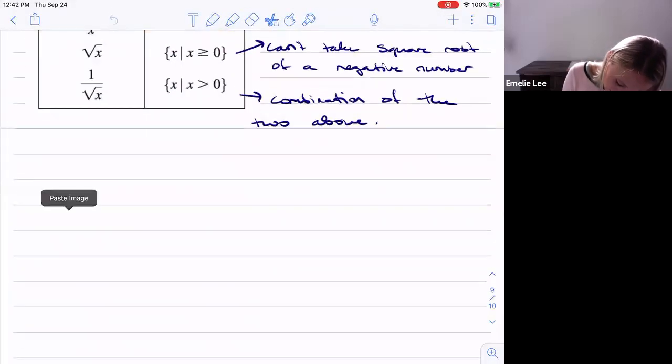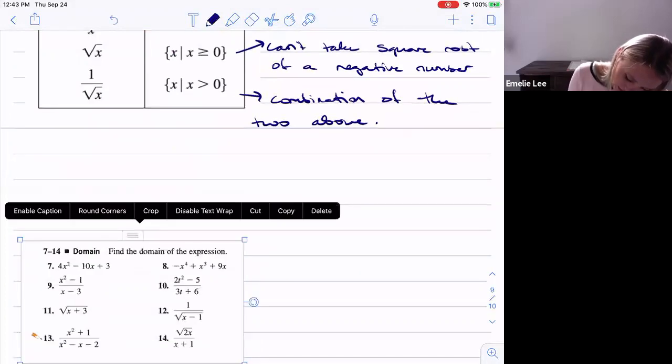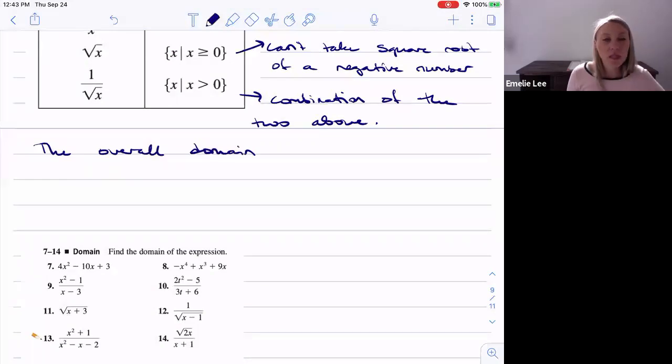Oh, and I wanted to make a note, so I'll put it kind of down a little bit. The overall domain will be the overlap of all the individual domains, right?